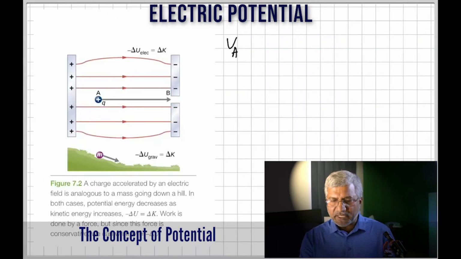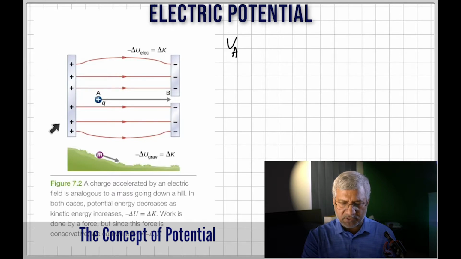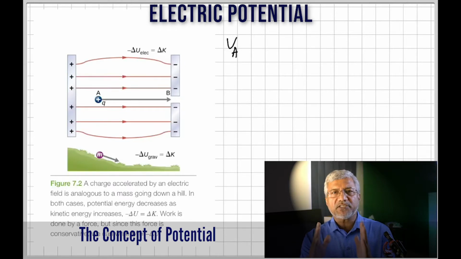So as given in this diagram, we have two plates, one charged positive, the other charged negative. Usually how this is done is by connecting these plates to the terminals of a battery. So the positive plate is connected to the positive terminal of the battery, and the negative is connected to the negative terminal of the battery. So that means there is a potential difference between these two plates.